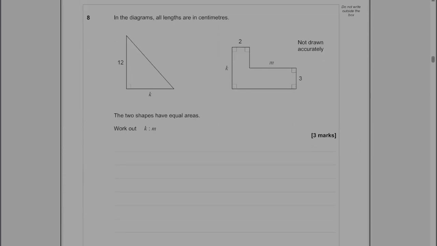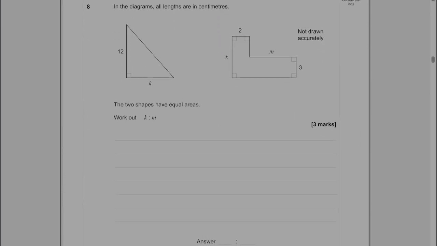Okay, question 7. In the diagram, all lengths are in centimeters. The two shapes have an equal area. Work out K to M. Okay, so if we start by saying the area of the first shape is equal to a half of 12 times K. So that's going to be 6K.